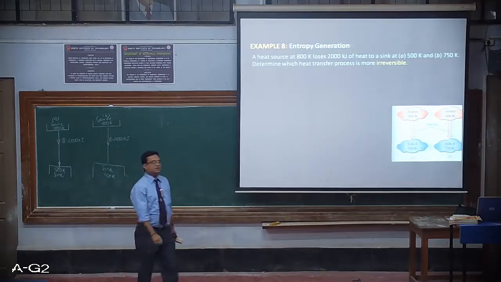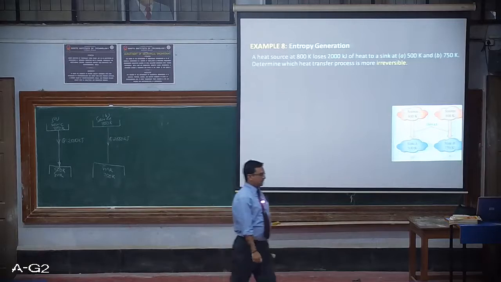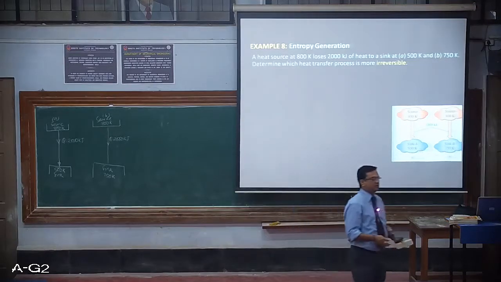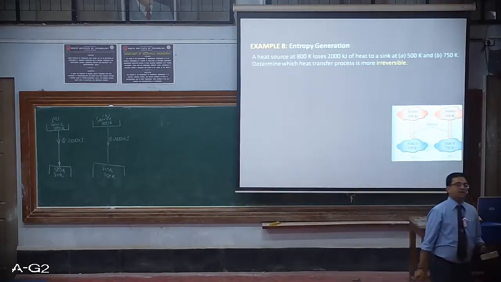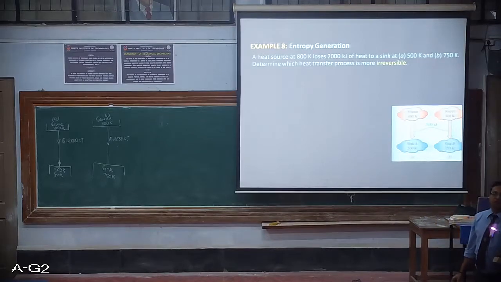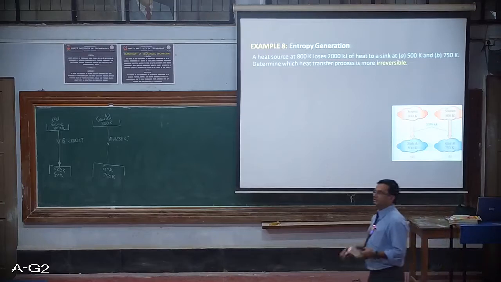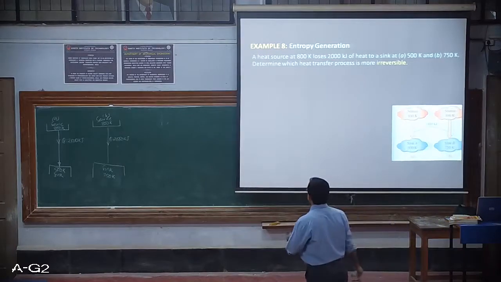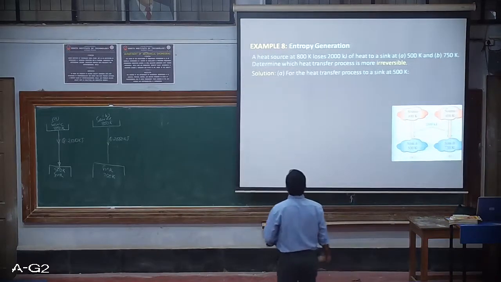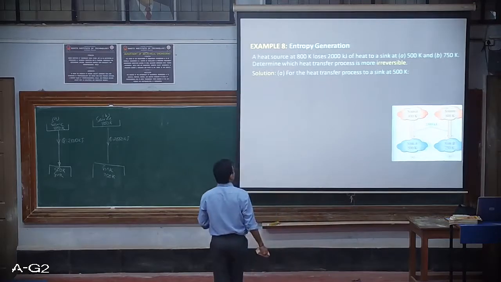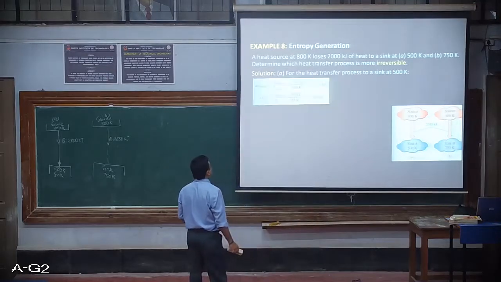So as I already mentioned, which is more irreversible means in which case entropy is more generated. So obviously where irreversibilities are more, entropy generation is more. So based on that understanding, we have to solve this problem. So let's take up case A. For the heat transfer process to a sink at 500 Kelvin, what are the equations?